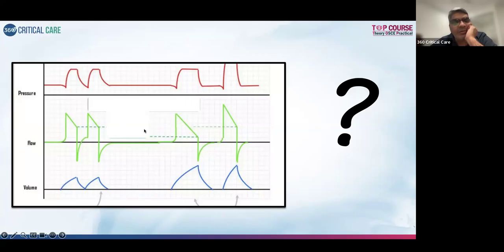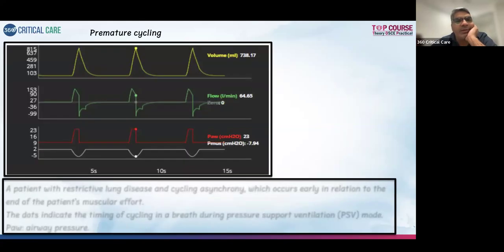So one of the measures is to reduce the percentage cycling of flow. Initially it was cycling at 40%, we reduce it to 10%. Decreasing the expiratory flow trigger allows for a longer flow time and thus a larger tidal volume to be delivered.